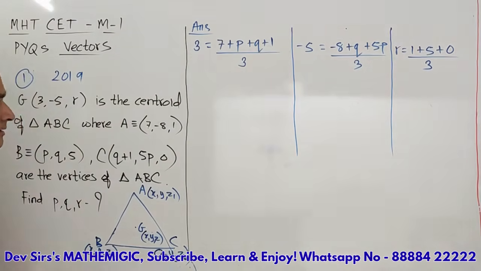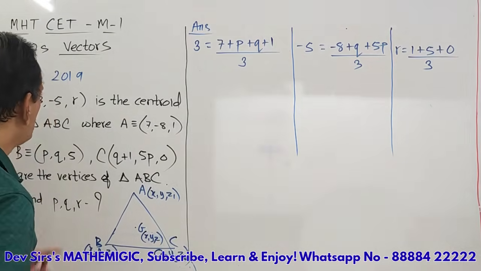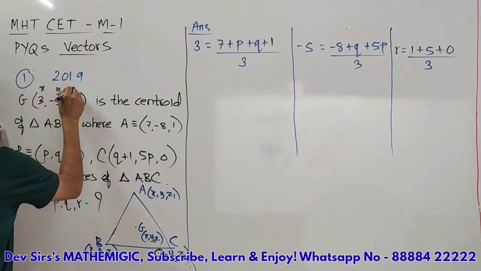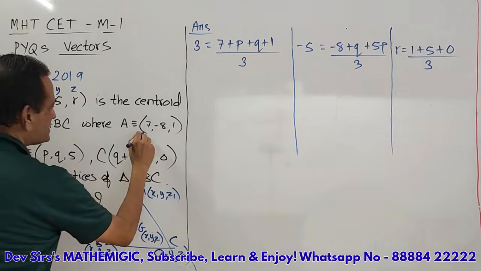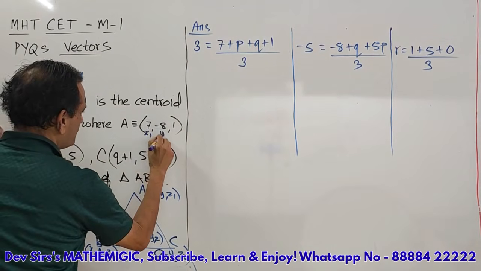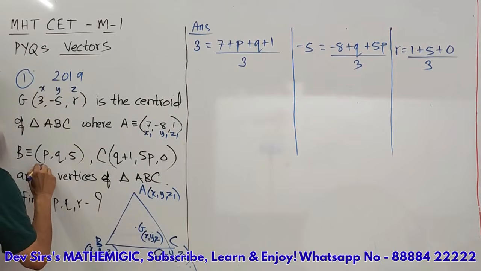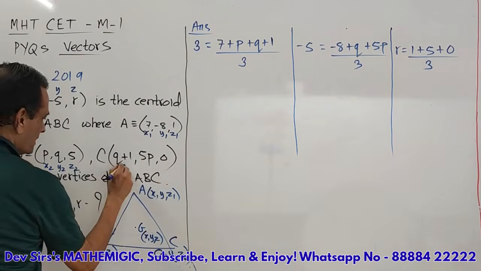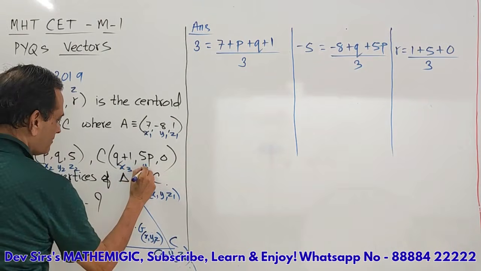Clear? So now there is no need to draw the diagram and all that. G is X, Y, Z. Point A is X1, Y1, Z1, then X2, Y2, Z2, and X3, Y3, Z3. Writing this is also not compulsory.